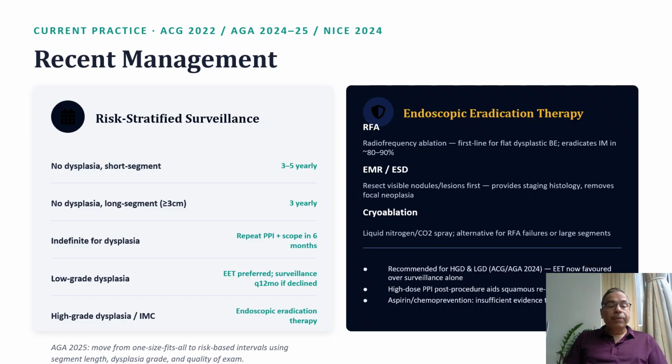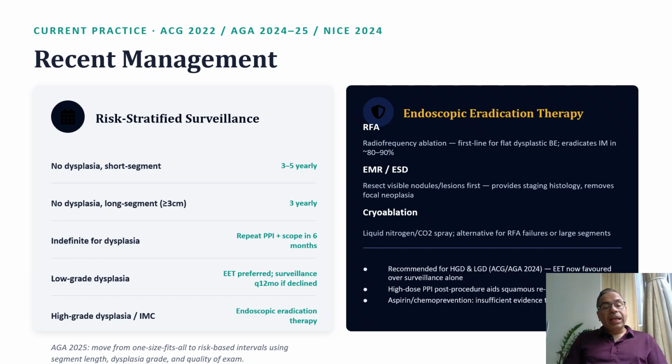If there is no dysplasia and it is a short segment, where short segment is generally defined as about 1 centimeter or so, then you have to do a 3 to 5 yearly surveillance protocol in such a patient.